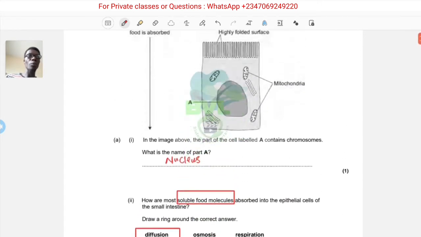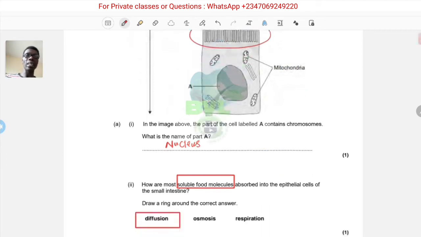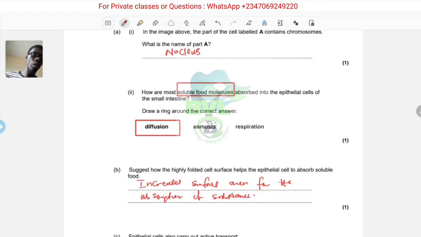Well, what I would say is this whole thing you're looking at, if it's stretched out, is going to be very long, which means it increases surface area for the absorption of substances, or if you say food molecules, it's still fine.